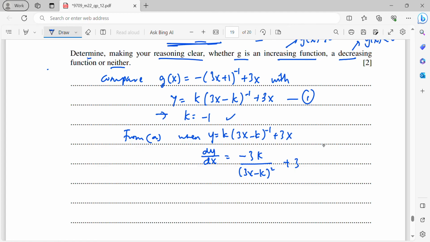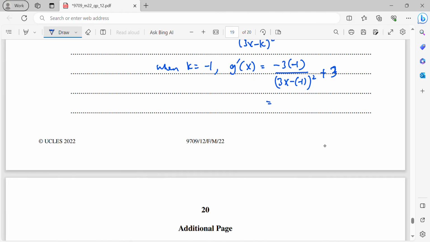Now I know that k is going to be minus 1. So when k equals minus 1, I will be getting dg/dx, or g prime x, which is negative 3 times negative 1 over 3x minus 1 squared, plus 3. Then this becomes 3 over 3x plus 1 squared, plus 3.